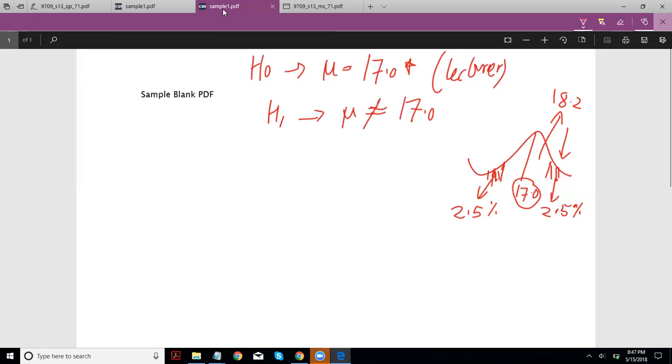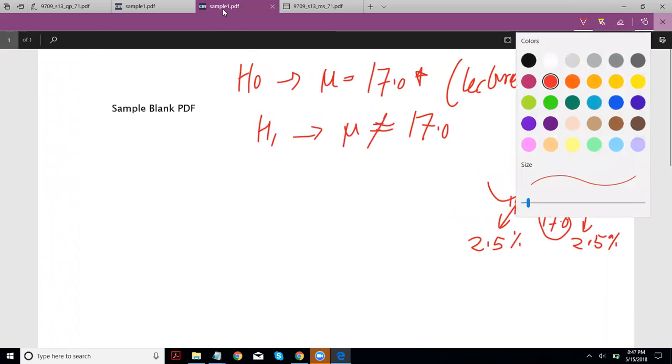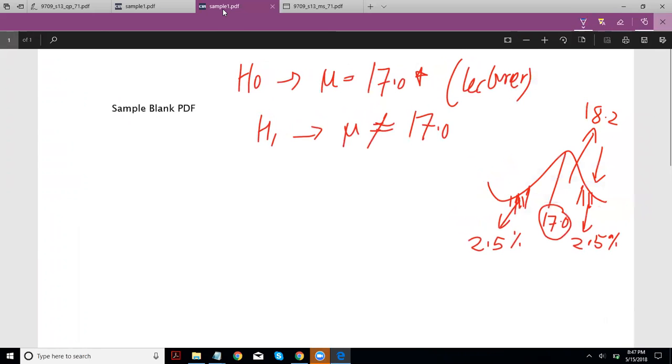It is clearly in the upper half. But even if that realization doesn't hit you, it's still fine.